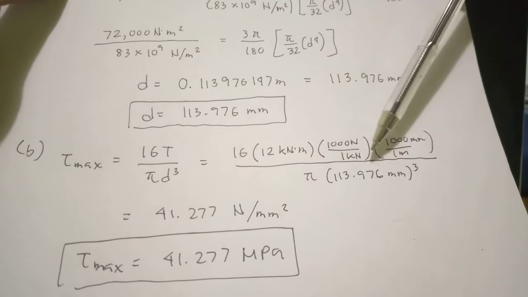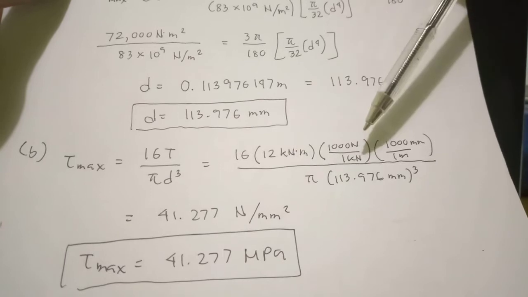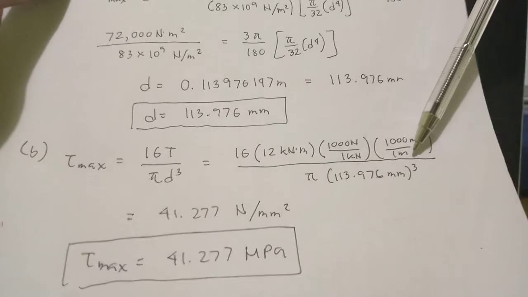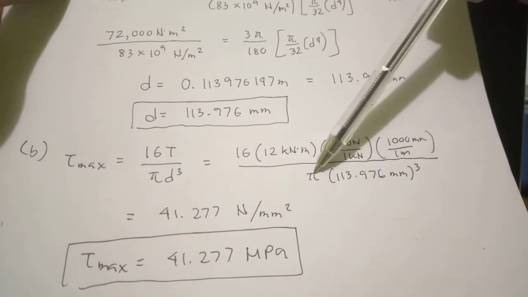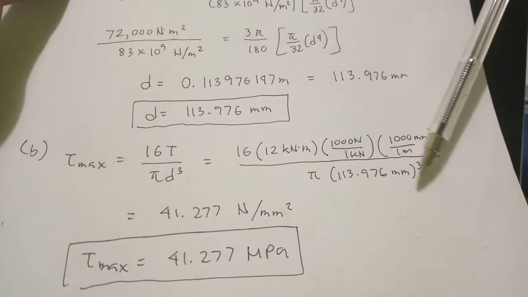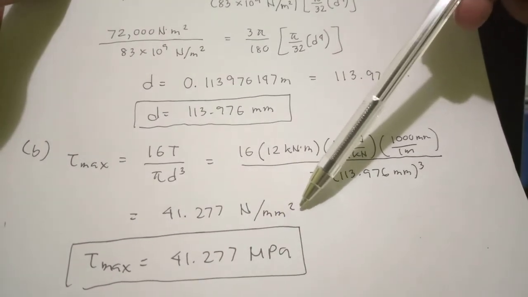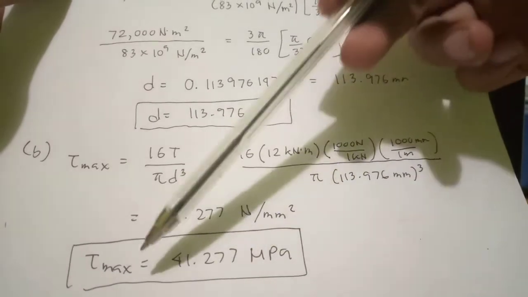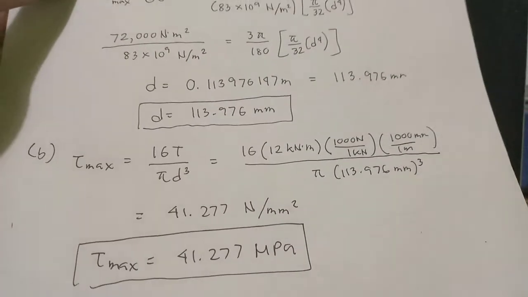I multiplied it by 1000 newton over 1 kilonewton to convert it into newton, and then multiplied it again by 1000 mm over 1 meter in order to convert meter into millimeter, divided by pi times 113.976 millimeter cubed, because I use mm for D. So what I get is newton per mm squared, and please take note that 1 newton per mm squared is equivalent to 1 megapascal. So our computed maximum shear stress is 41.277 megapascal.